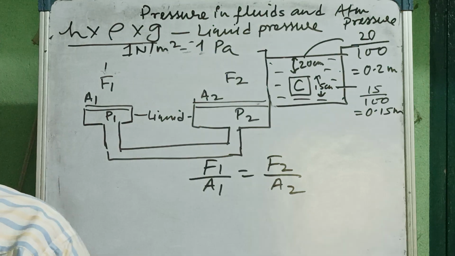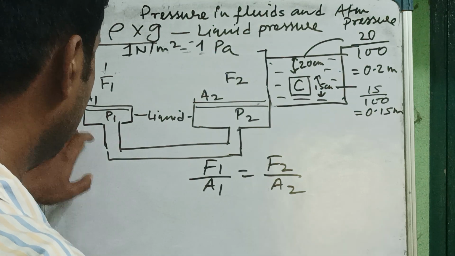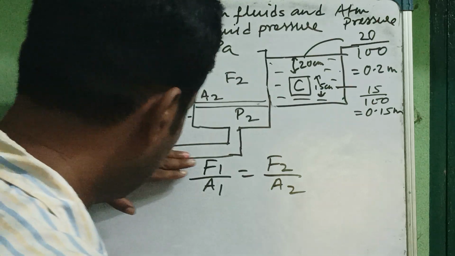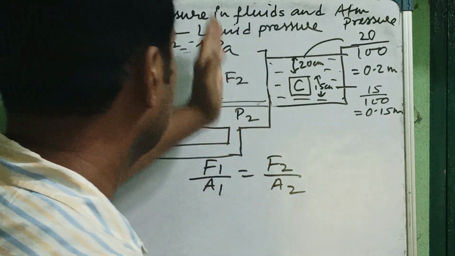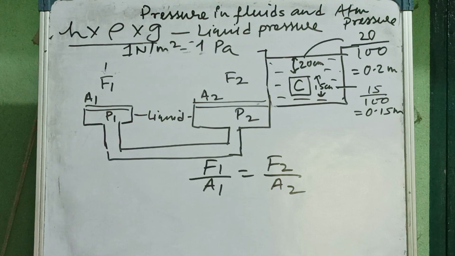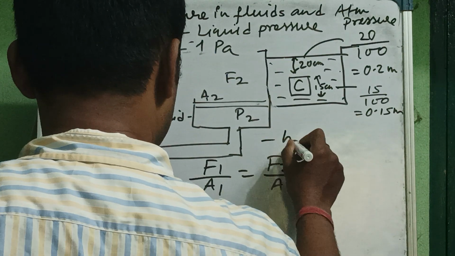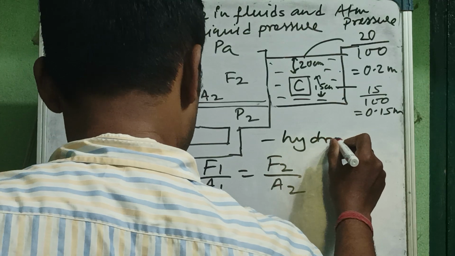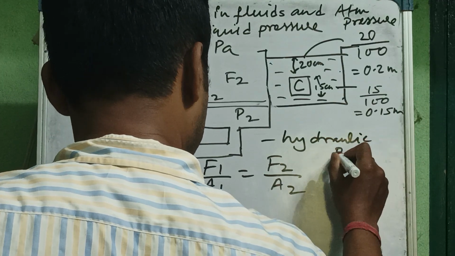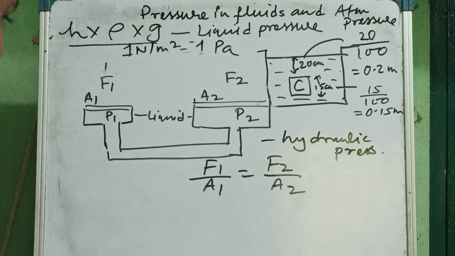But if this pressure increases, then the liquid goes to the sides and upward movement takes place. Application of this is also called hydraulic press. Hydraulic press applications mainly depend on Pascal's principle.